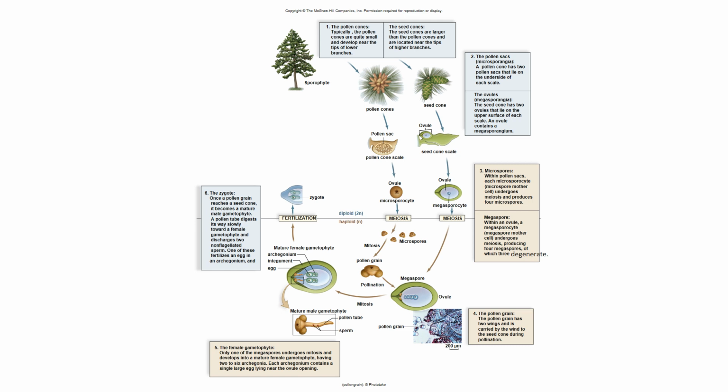And then once a pollen grain reaches a seed cone, it's going to become a mature male gametophyte. And so a pollen tube is going to head towards a female gametophyte and discharge the sperm.